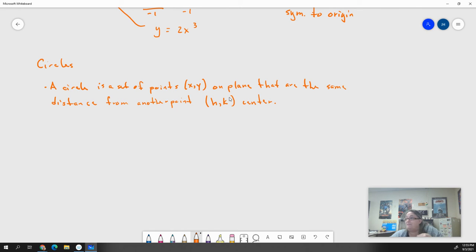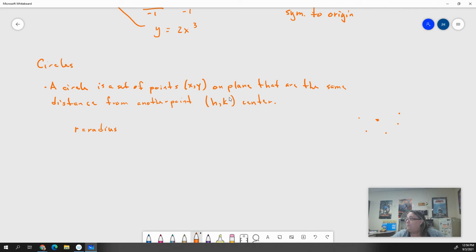And the distance that we find between them is what we call r, or the radius. So they're saying that I have this one point, and that same distance away from that point is what a circle is.